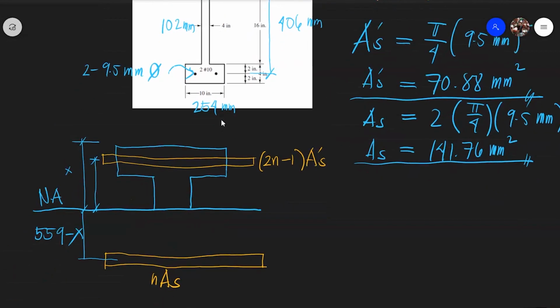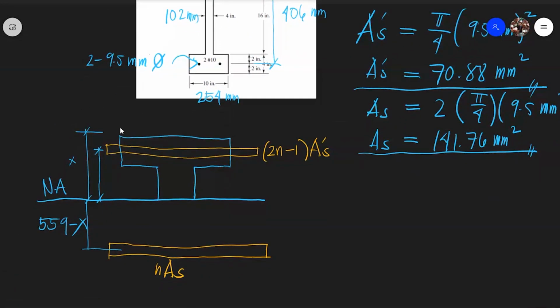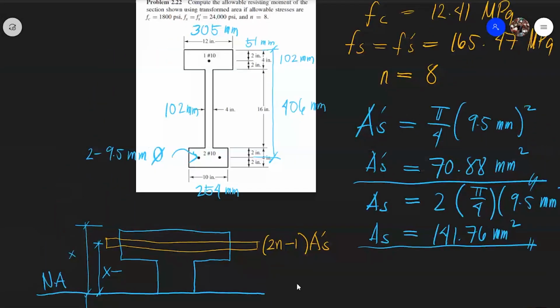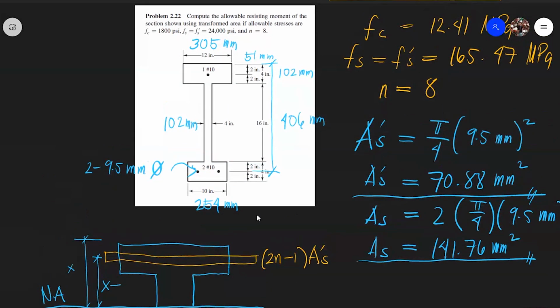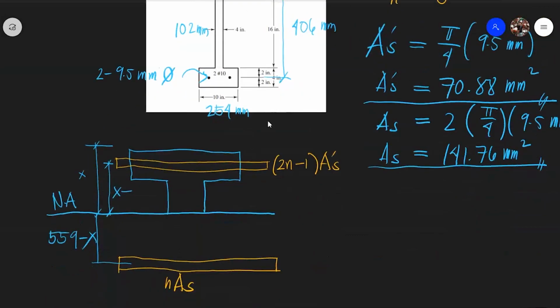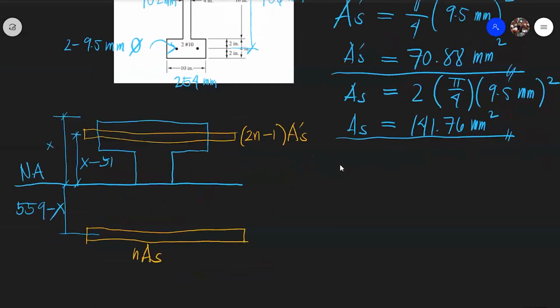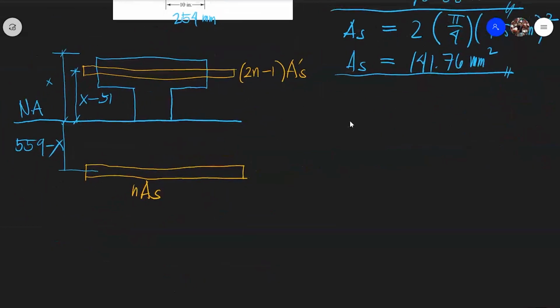Since x is measured from the top down to the neutral axis, we subtract the 2 inches, or 51 mm. So this will be x minus 51.